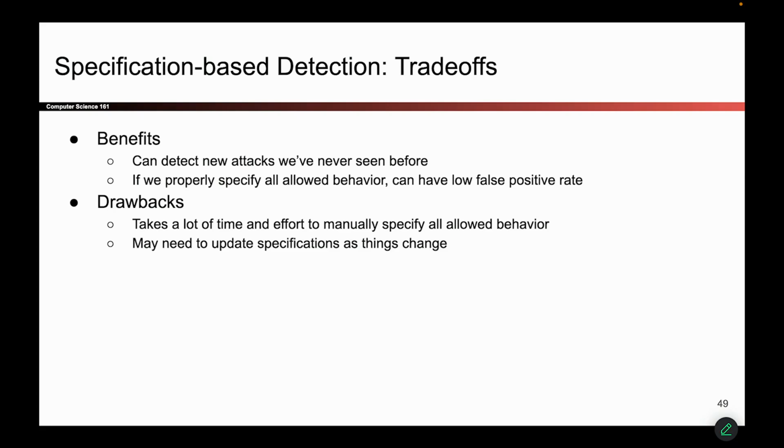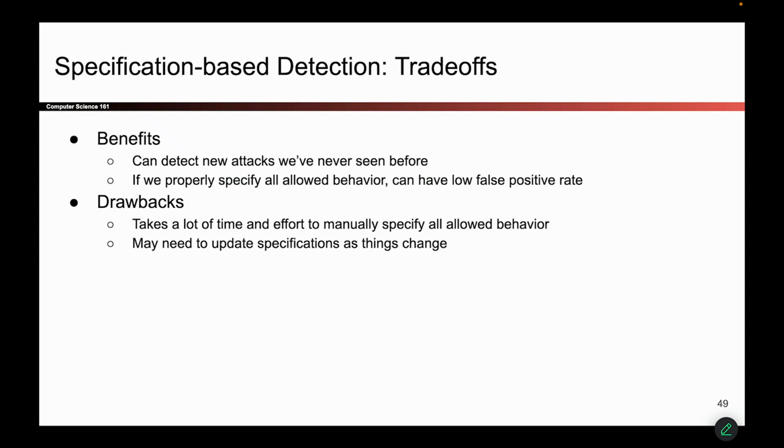Also, there are some cases where specification-based detection can be very accurate and have low false positive rates. Maybe the age from before is an example. You know that it's got to be digits, so anything that's not digits is a potential attack. There won't be many false positives, possibly, depending on your setting.